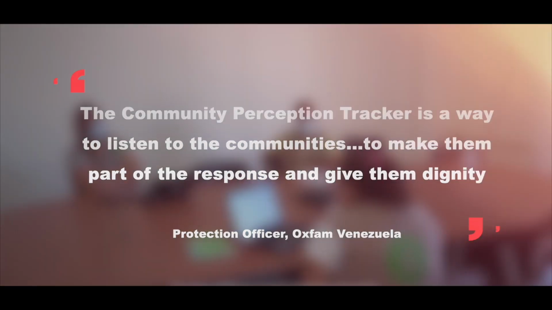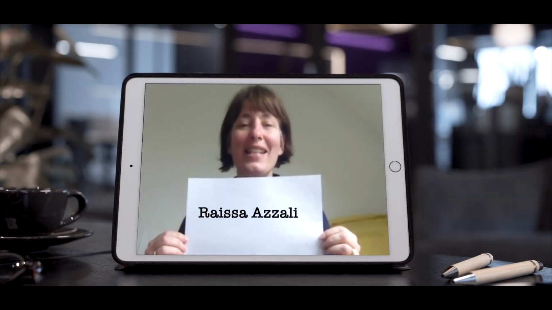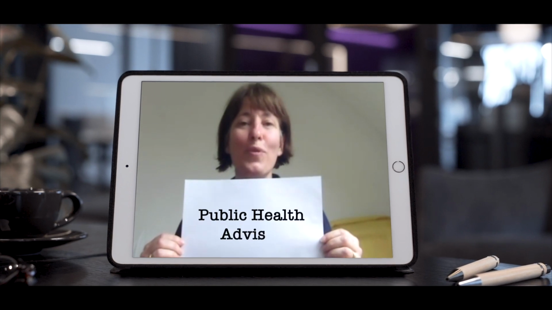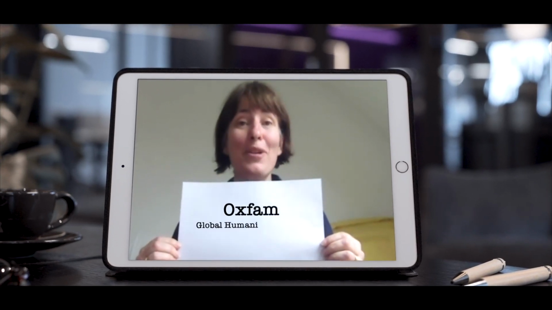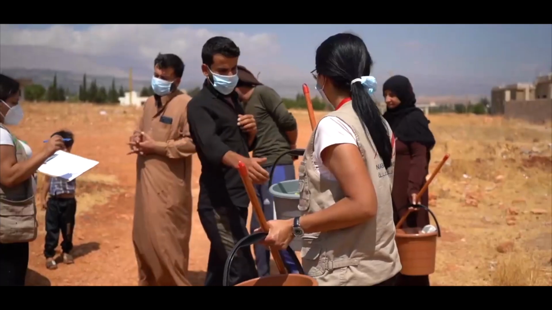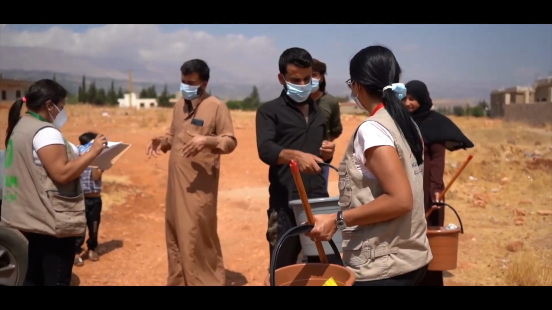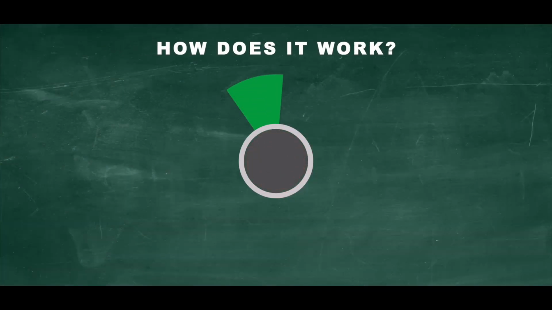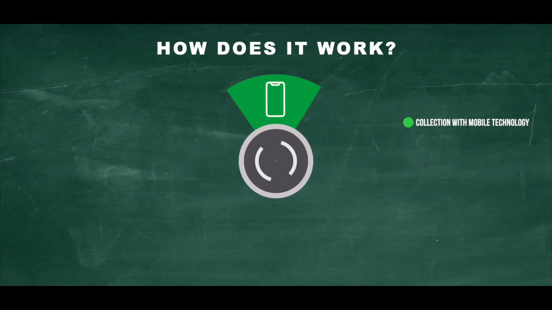How does it work? Hi, my name is Raisa Adzalivi. I'm a public health advisor for the Global Humanitarian Team in Oxfam. Basically, it's supporting staff and partners' teams while they are conducting their normal activities, and using a mobile phone to capture perception and perspective from communities on that specific outbreak.